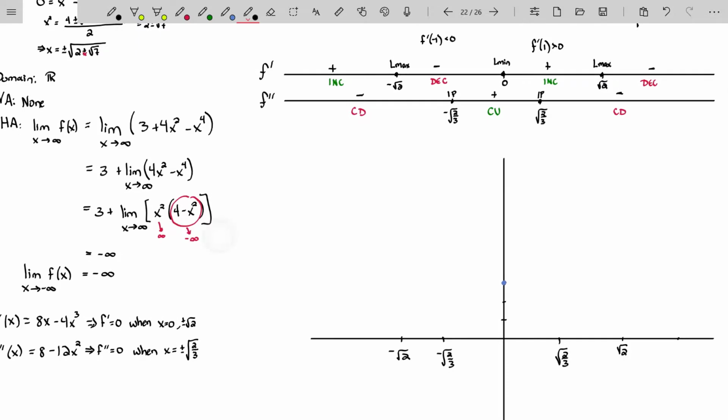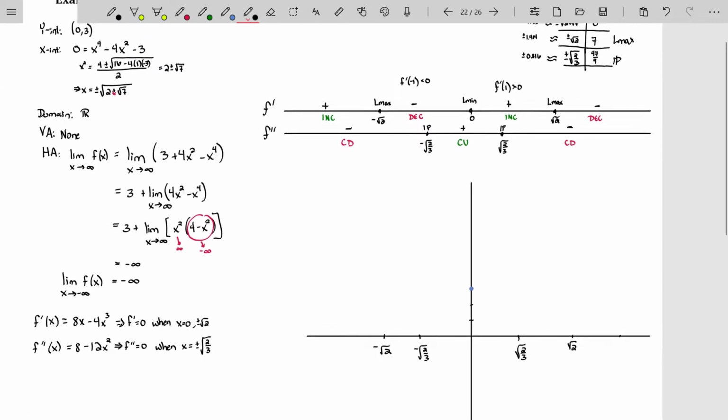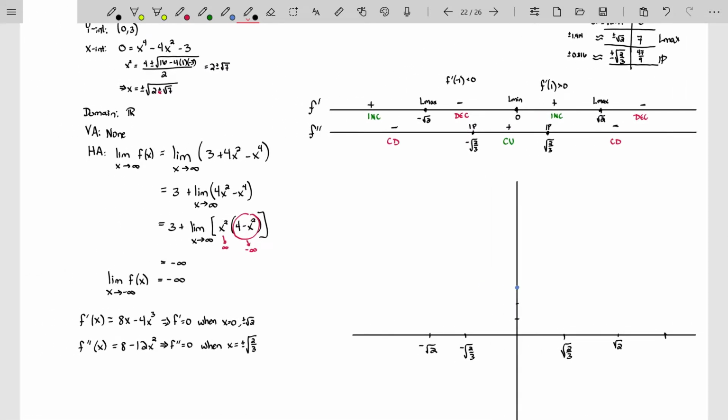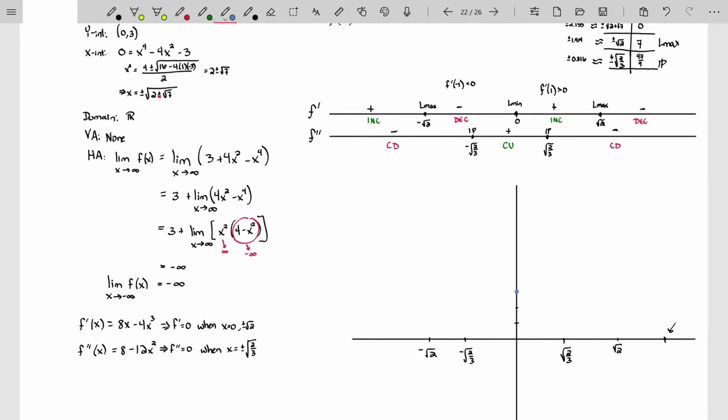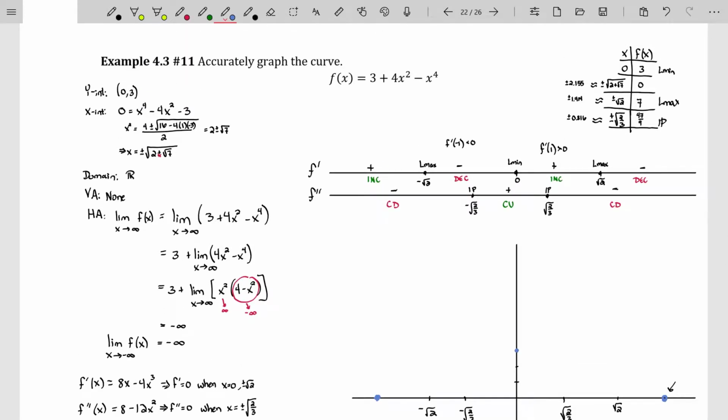And square root of 2 is 1.4 and change, and we want to get to 2 point something and change. So I'm gonna go ahead and say right over here is my x-intercept of 2.155. So I'll plot that there, and I'll do the same thing over here. Okay. And now I can go ahead and plot the rest.